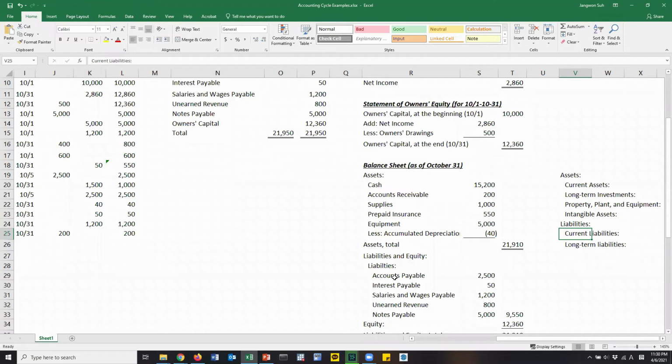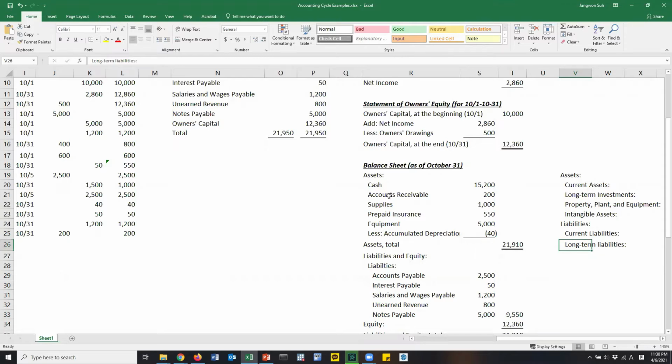Typical examples include accounts payable, unearned revenue, salaries and wages payable, interest payable. Long-term liabilities, there can be current portion of notes payable, but larger chunk of notes payable are usually classified as long-term liabilities.